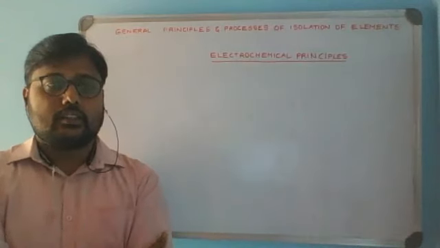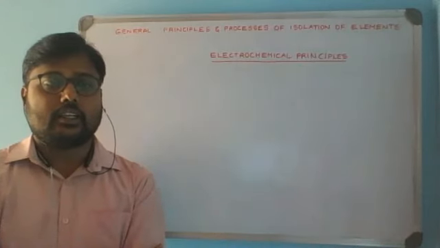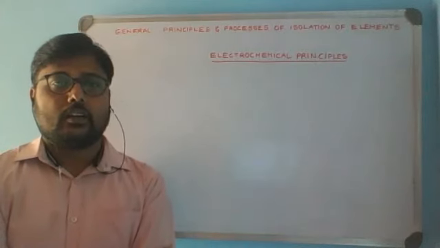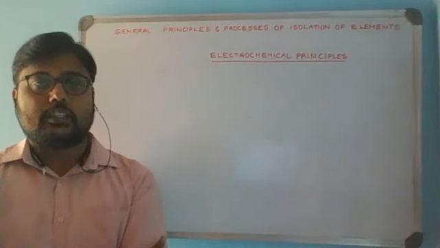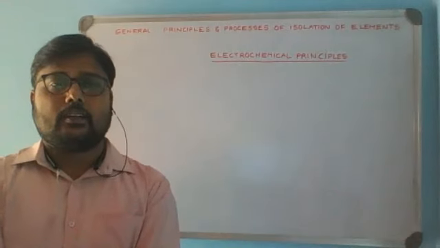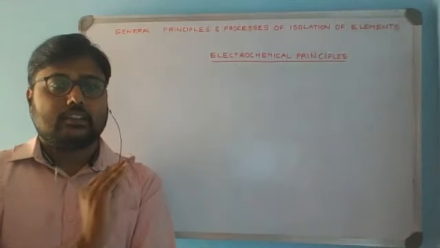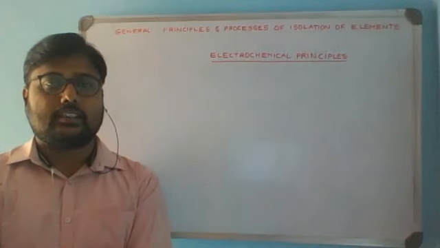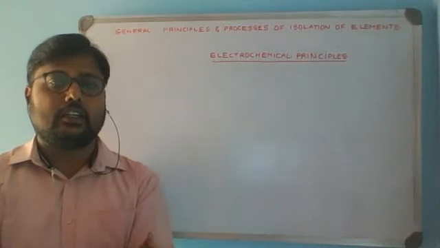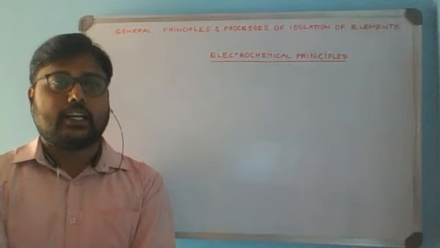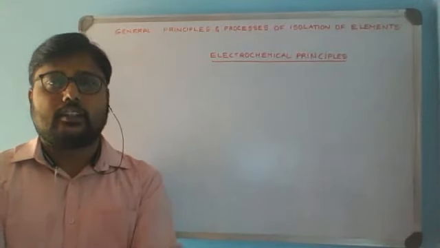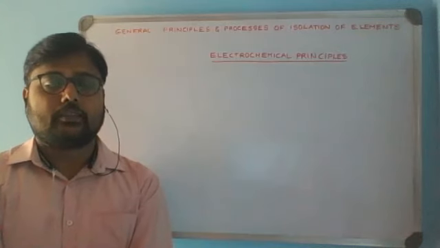The supporting concepts we are going to learn in the unit electrochemistry, from our physical chemistry unit. To brief the concepts required here: the conversion of chemical energy to electrical energy or electrical energy to chemical energy, this interconversion of energy is what we learn in the branch of electrochemistry.